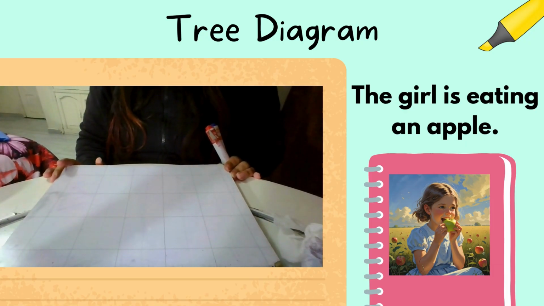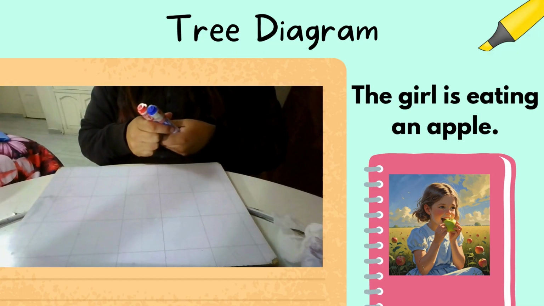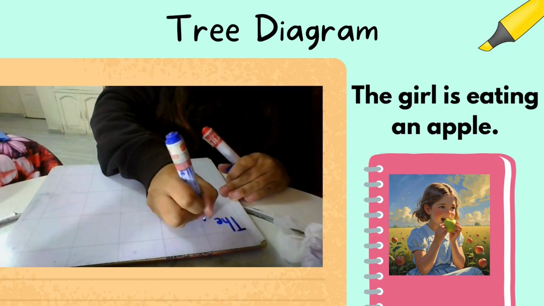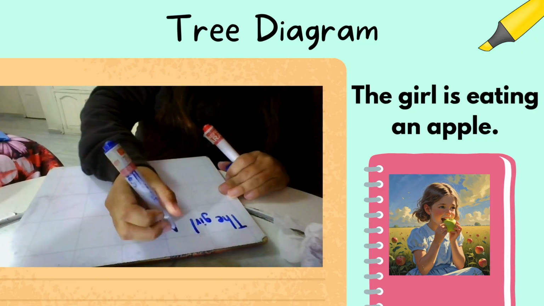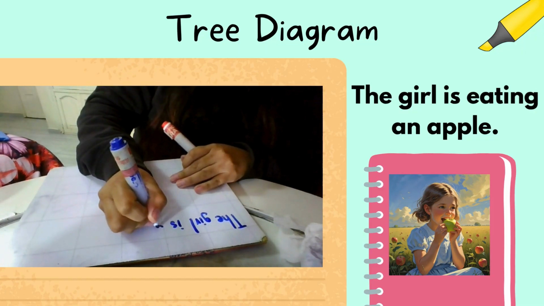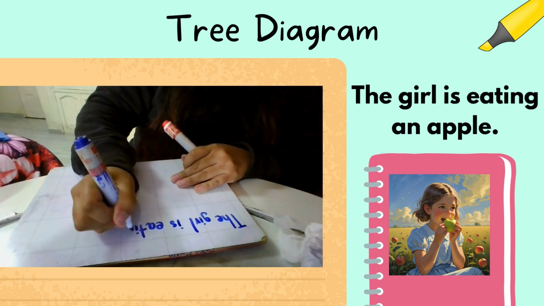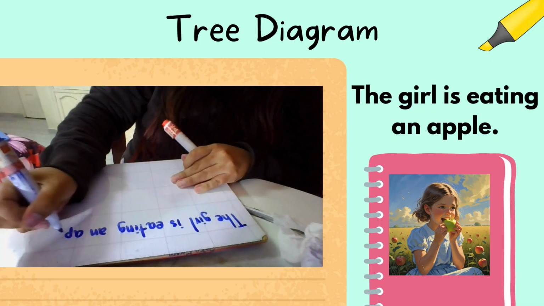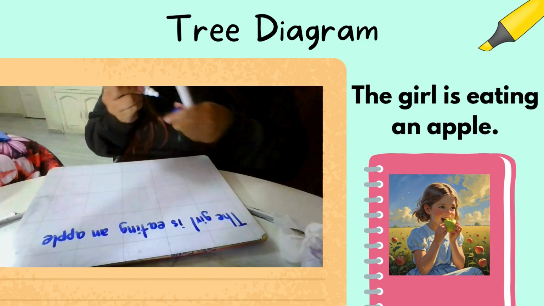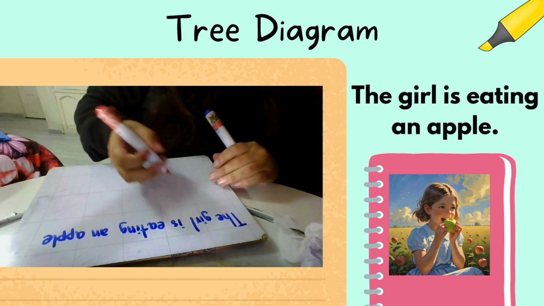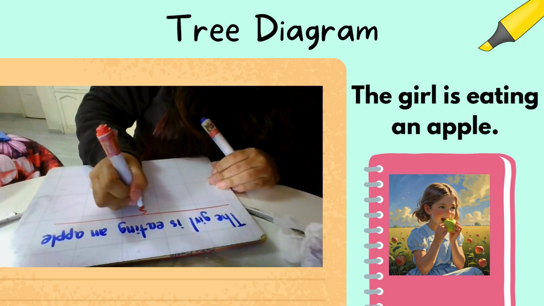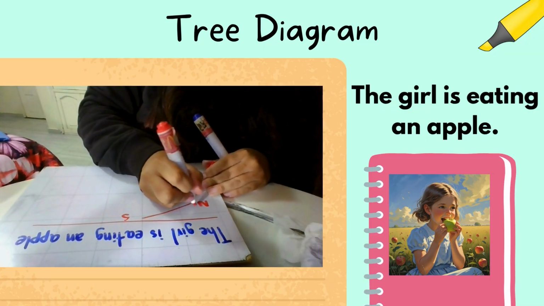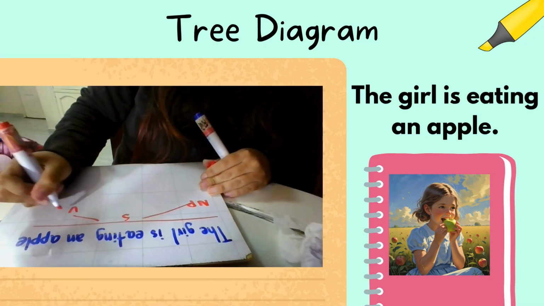In this case, we are going to do it with a complex sentence. For example, the girl is eating an apple. The sentence is made of two parts, noun phrase and verb phrase.